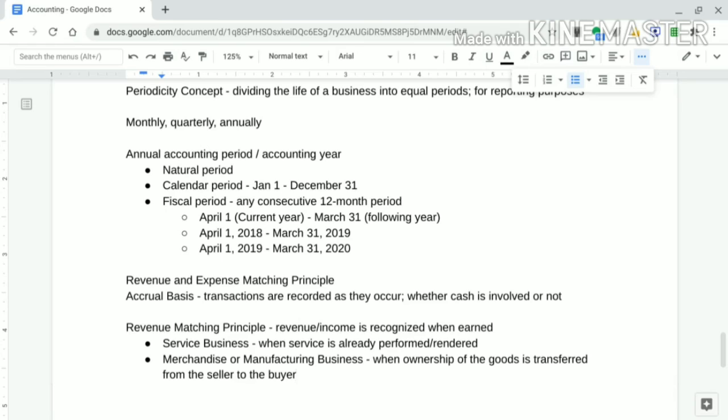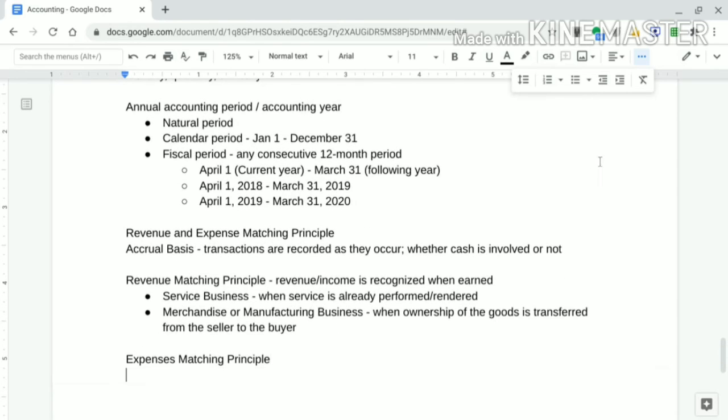So, ganun din sa expenses. So, sa expenses, okay? So, expense is recognized when it is incurred.